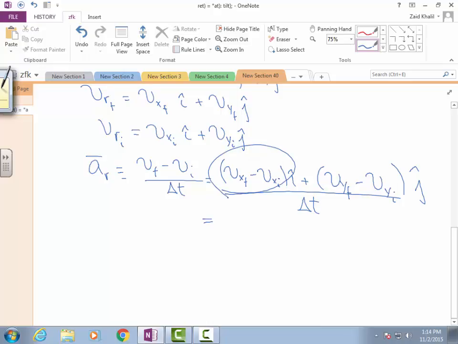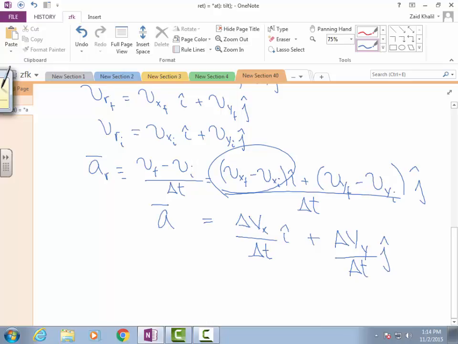Notice what this is. VF minus VI is delta V in what direction? And there you go.